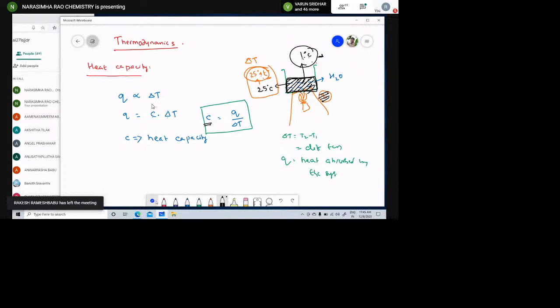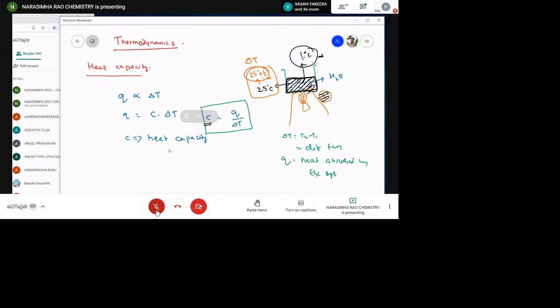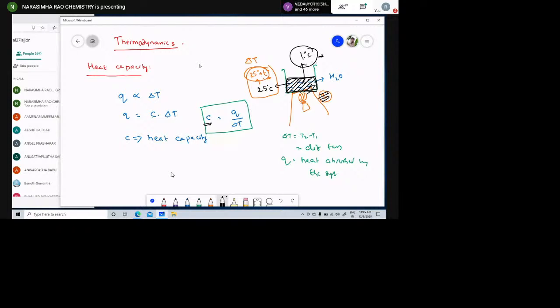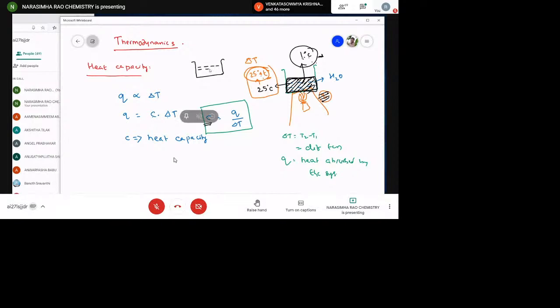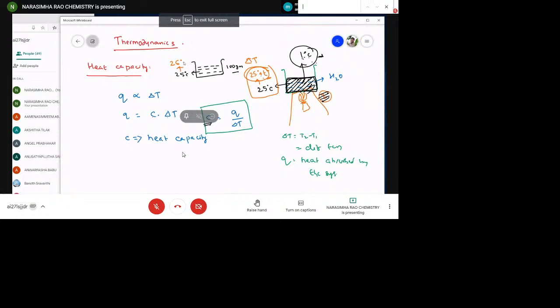For the example, I am taking 100 ml or 100 grams of water at 25 degrees centigrade temperature. This total water temperature is to be raised to 26 degrees centigrade.